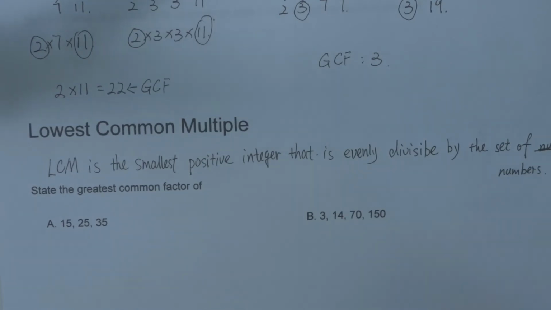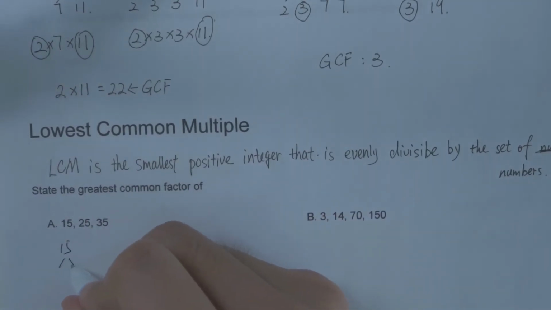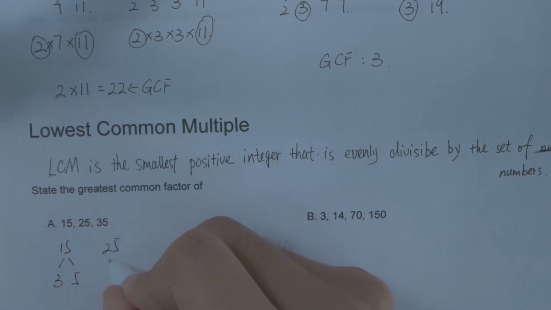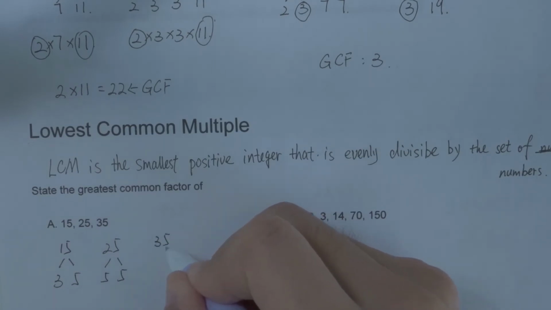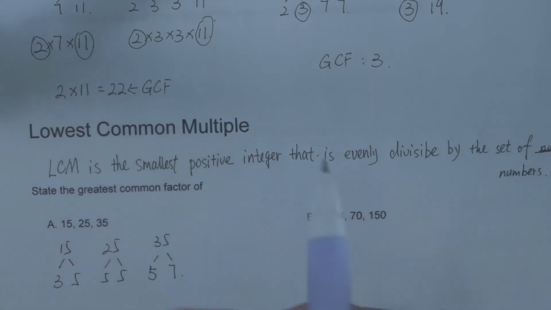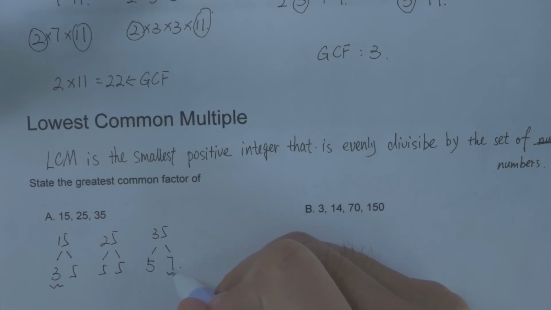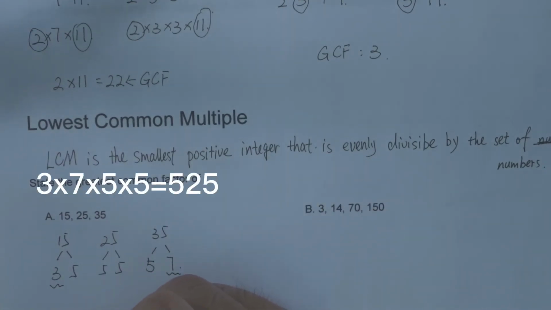In this way, we still use the factor tree to solve these numbers. 15 we can find is 3 and 5. And 25 is 5 and 5. And 35 is 5 and 7. We need at least one 3 and at least one 7, so it's 7 times 3.